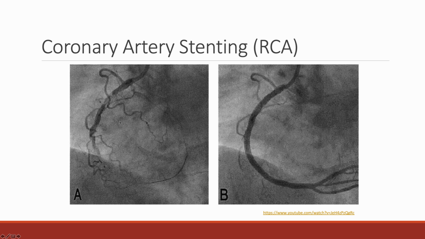So here's an example of a right coronary artery stent getting put in. So you can see this terrible disease that this patient has in the right coronary artery, and here that looks nice and dark, and then it gets narrower here. You know, it's much wider up here than it is here, and then here there's this grayed out area that doesn't really fill very well. It's probably because there's a clot in there.